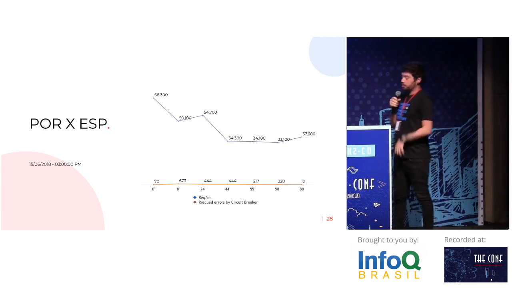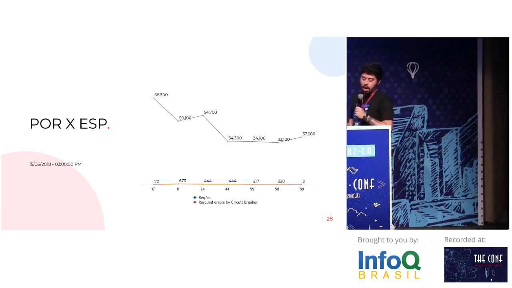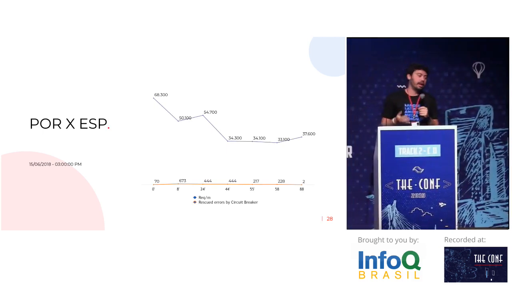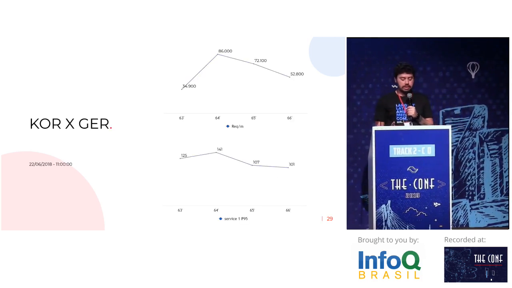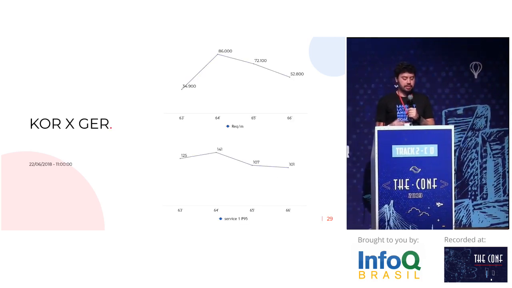So we have a substantial number of users that didn't suffer any impact again. These are our numbers from one of the matches where we had a lot of audience.